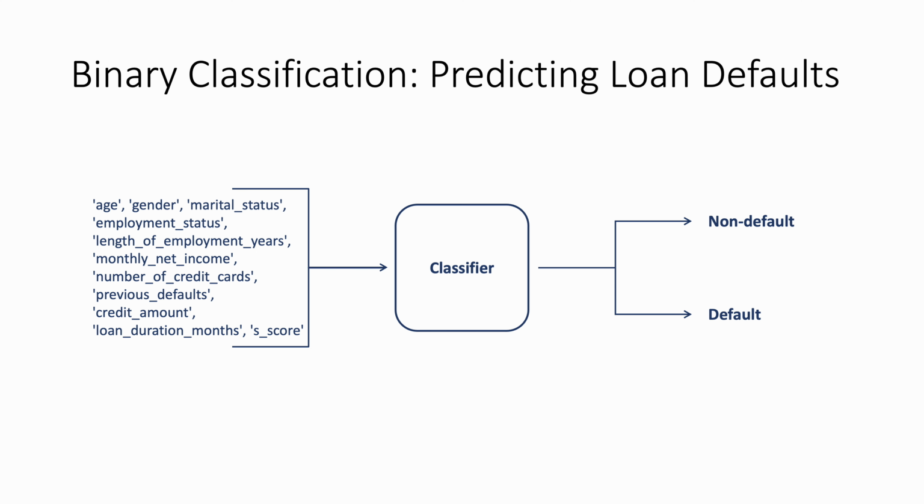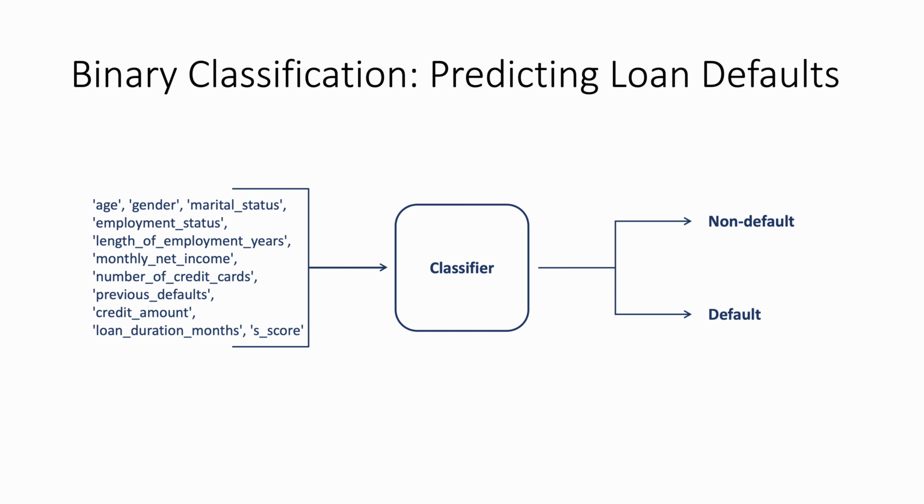In this scenario, our classifier takes in various features about a loan applicant, such as their age, employment status, income, credit history, and loan details. Based on these inputs, the model predicts whether the applicant is likely to default on the loan or not.